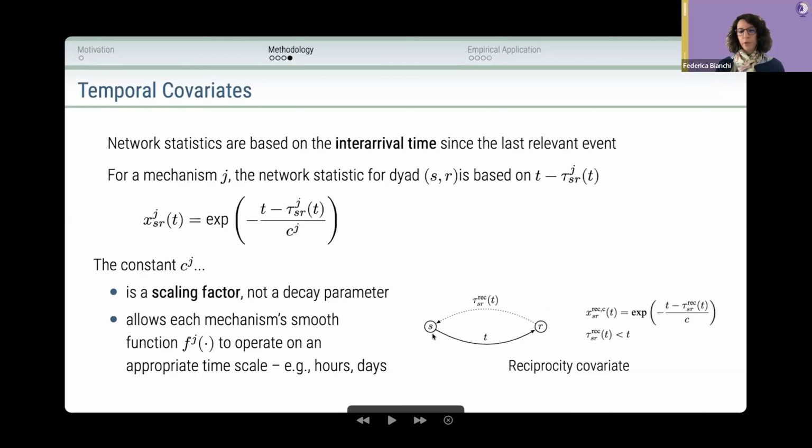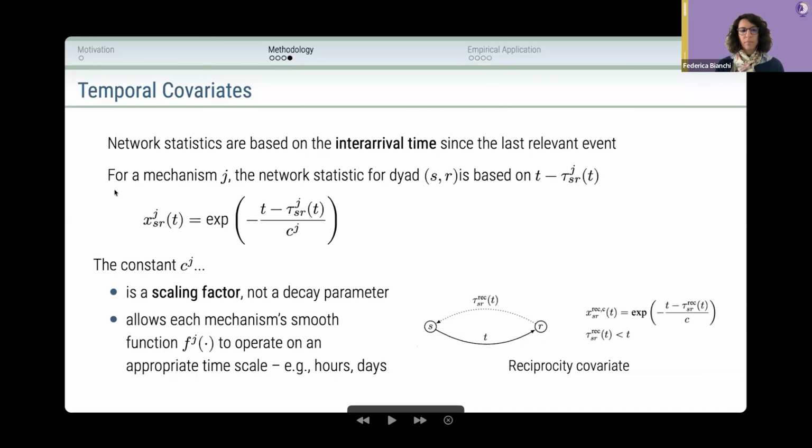I observe a reciprocal relational event when at time t I observe a relational event channeling resources from S to R after a relational event in the opposite direction, so from R to S, occurred before.